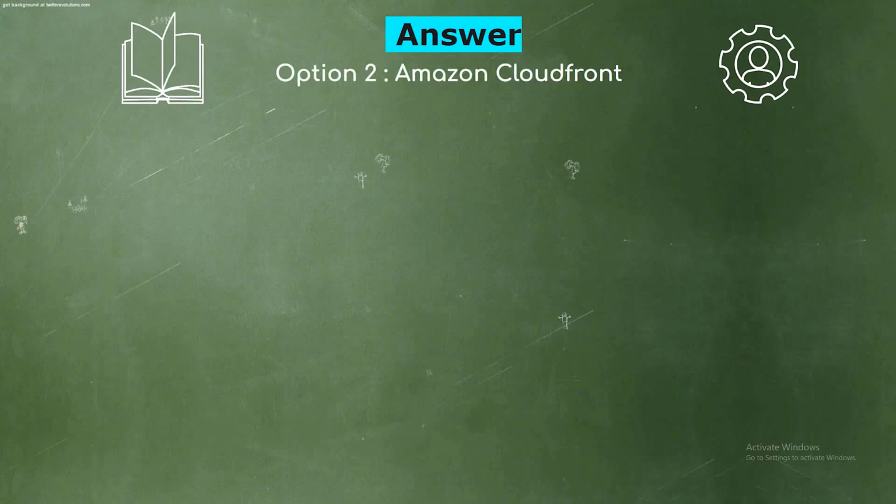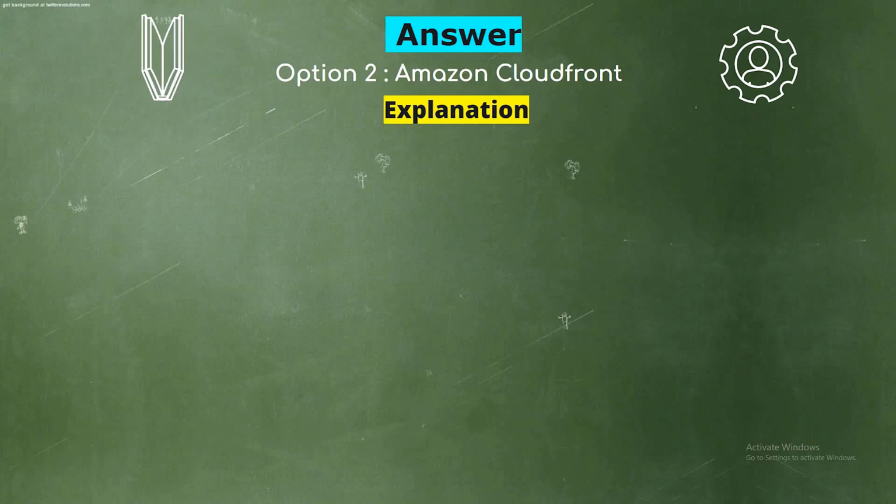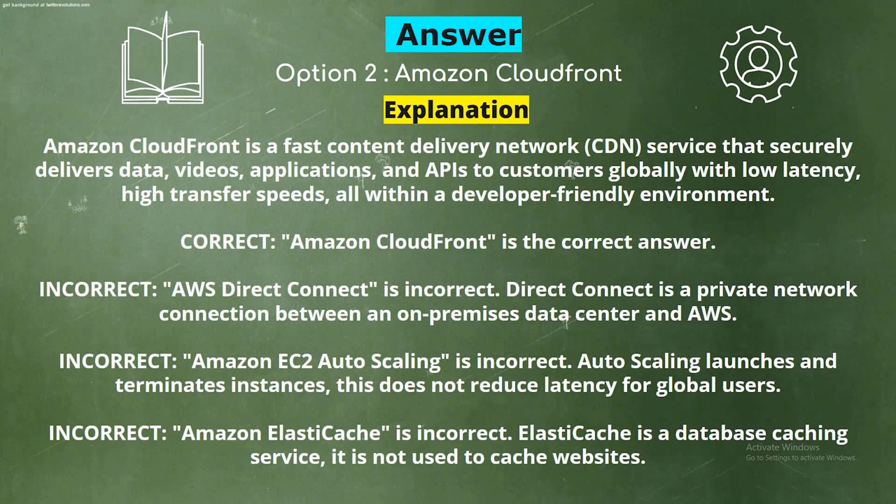Amazon CloudFront. Explanation. Amazon CloudFront is a fast content delivery network, CDN, service that securely delivers data, videos, applications, and APIs to customers globally with low latency, high transfer speeds, all within a developer-friendly environment. Correct. Amazon CloudFront is the correct answer. Incorrect.